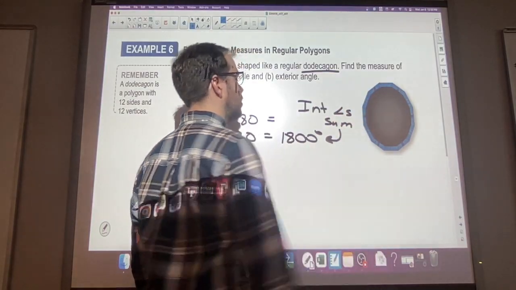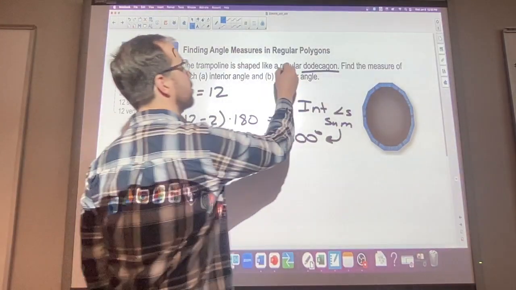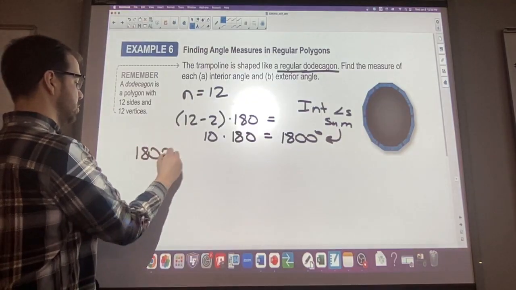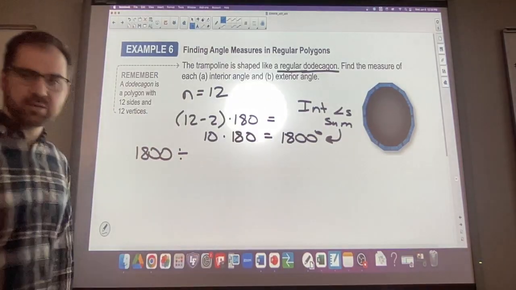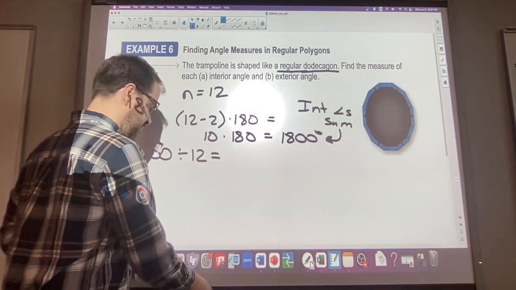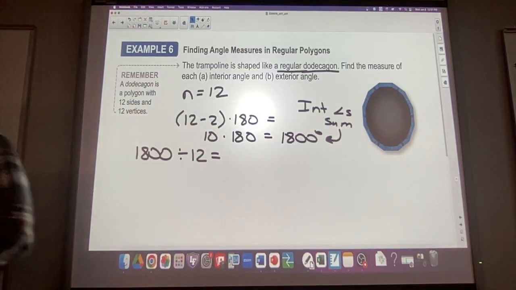All right, so if we know that that's all of the angles put together and it's regular, all the angles are the same, all we have to do is divide that by how many sides there are. So if there's 1,800 total, there's 12 of them total, so I just have to divide. Here's my calculator.